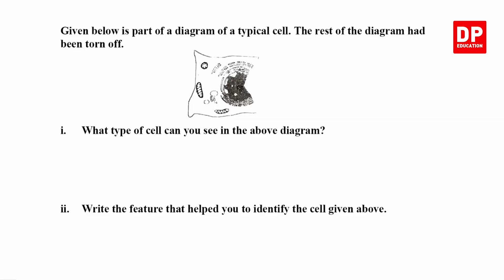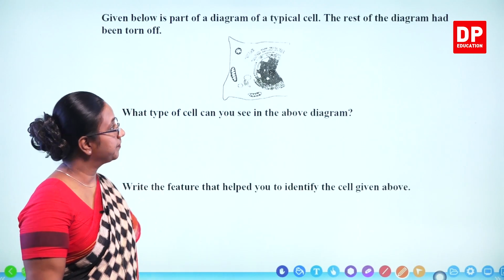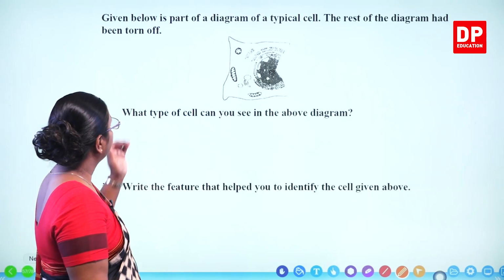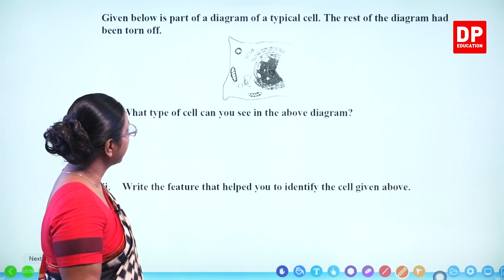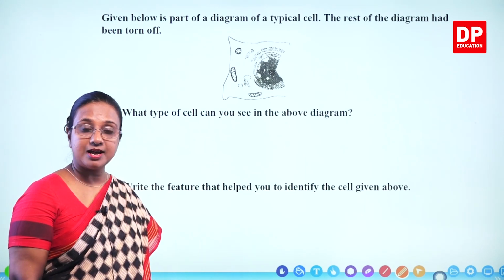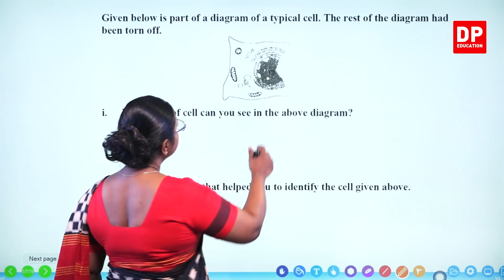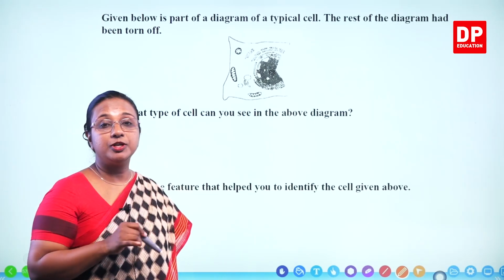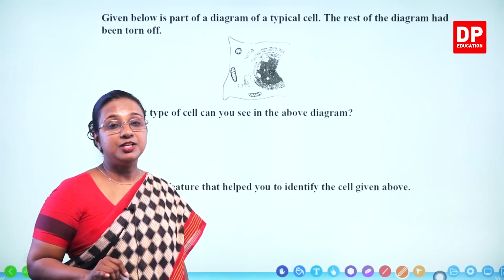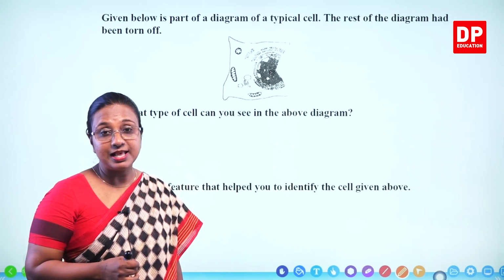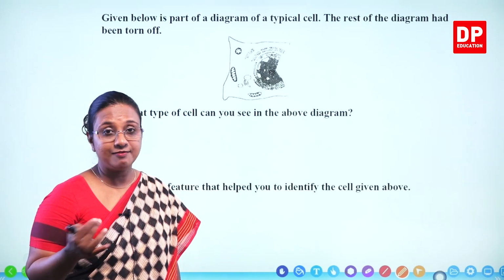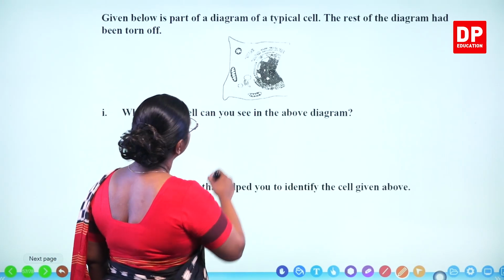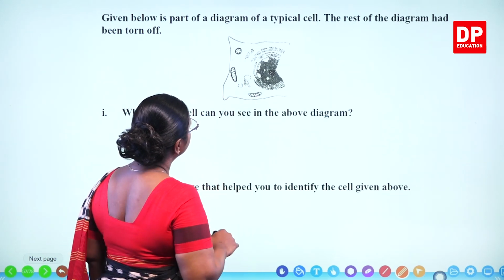Given below is part of a diagram of a typical cell. The rest of the diagram had been torn off. And the first question is, what type of cell can you see in the above diagram? So here students, you can see there is only one line as the outer boundary. That is a feature of an animal cell because there is no cell wall. So that is one feature that you can use to identify the cell. Then here you can see there are mitochondria present.